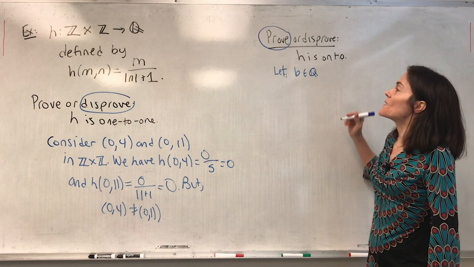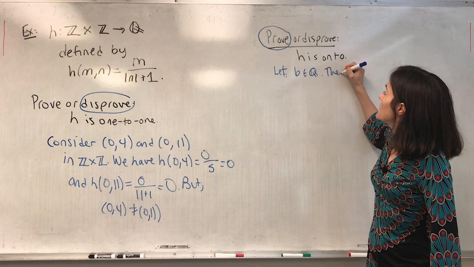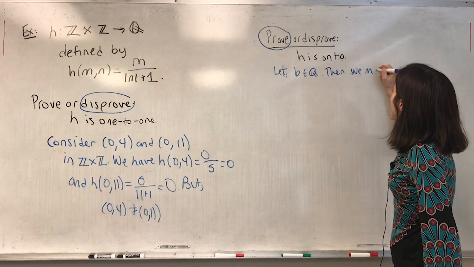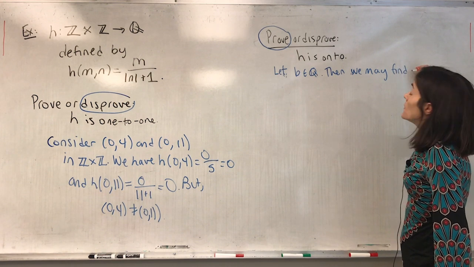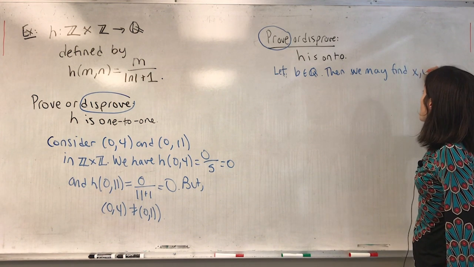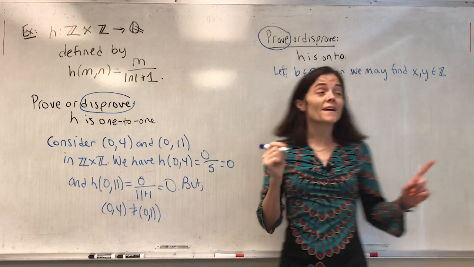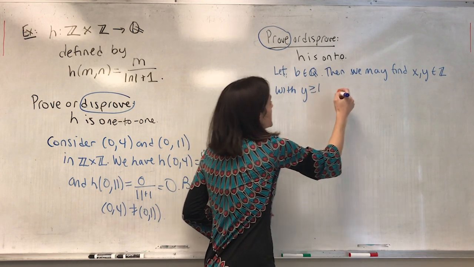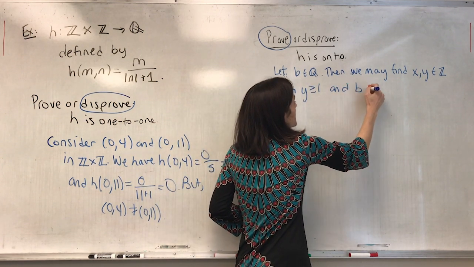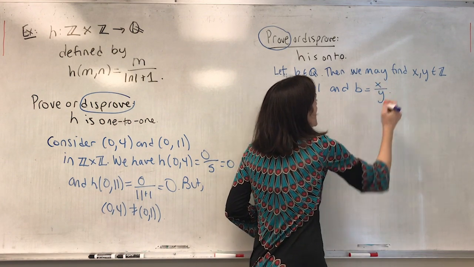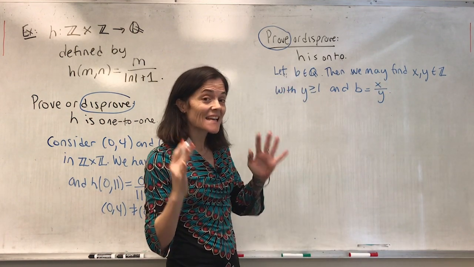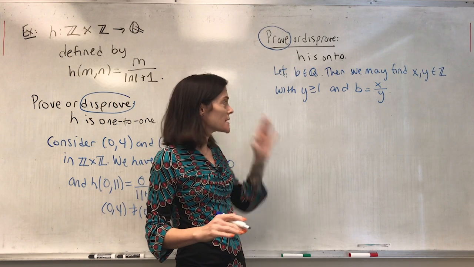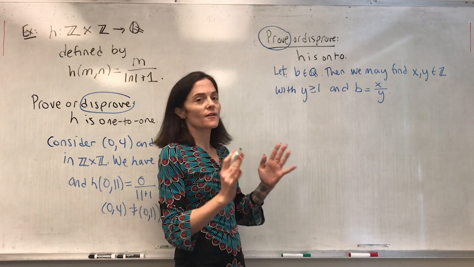Well, okay, what does that mean here? I'll just say this. Then we may find, let's say, X and Y in Z with Y bigger than or equal to 1 and B equals X over Y. The rational numbers as a set is just that you could find X and Y with Y not equal to 0 and B is X over Y, but really there are a lot of fractions that are equal.